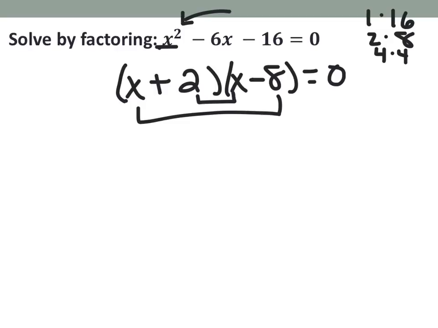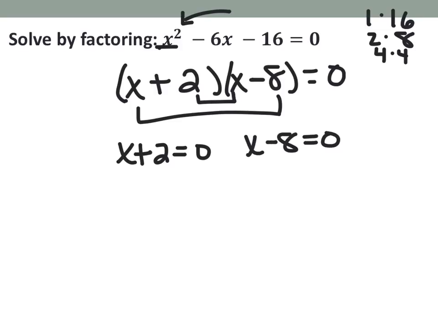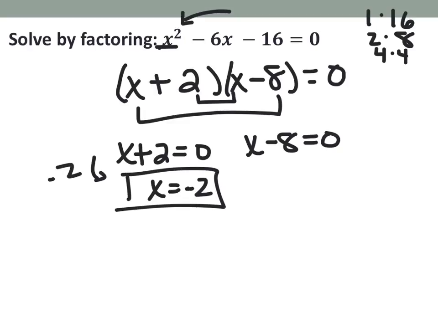Now we set each factor equal to 0. Because if two different factors or items are multiplied together to be 0, then one of them has to be 0. On this left side, let's subtract 2 from both sides. So one solution is negative 2, and over here we're going to add 8 to both sides, and we get x equals 8.